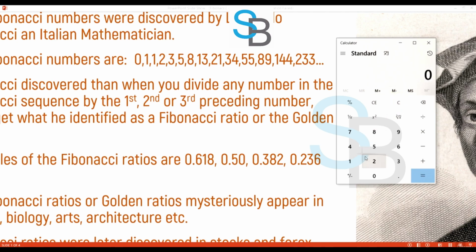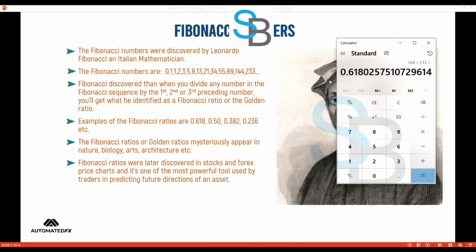Now when we divide 89 divided by 144, what do we get? 0.168, right? Good. So when we divide 144 divided by 233, what do we get? 0.168. So this is one of the Fibonacci ratios. What if we divide 13 divided by 34, we then get 0.38.